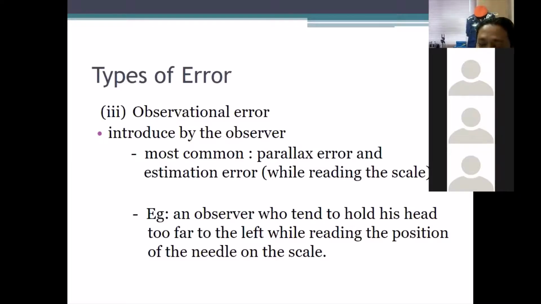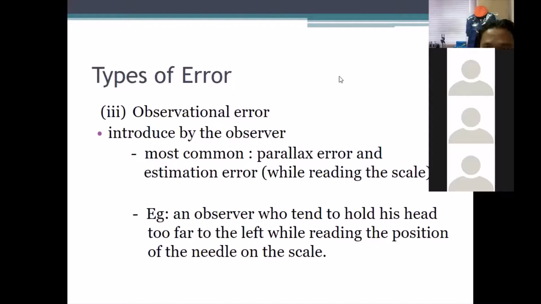For example, it normally happens when we are reading analog instruments, such as an ammeter or voltmeter. If you are using an analog instrument, you have to make sure your eyes are straight to the needle.